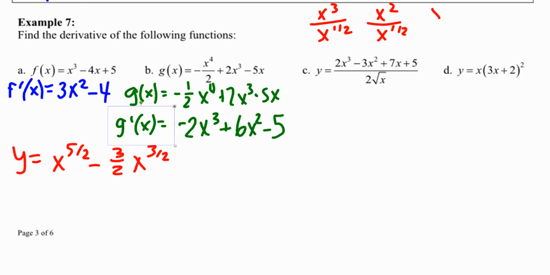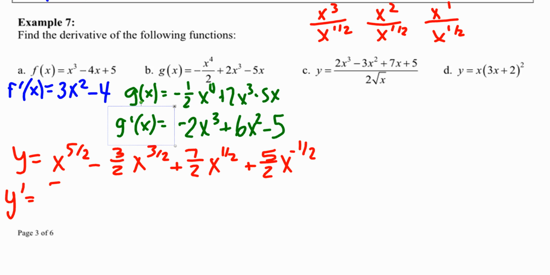Next we have x to the 1 over x to the 1/2. That gives us x to the 1/2. So we have plus 7 halves x to the 1/2. And then 5 halves x to the negative 1/2. Alright, there's our function.